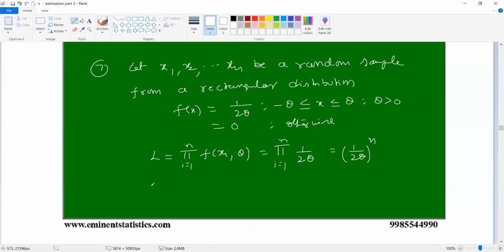Here the range of x depends on theta. So minus theta less than or equal to x less than or equal to theta. This implies mod x can be taken as less than or equal to theta.